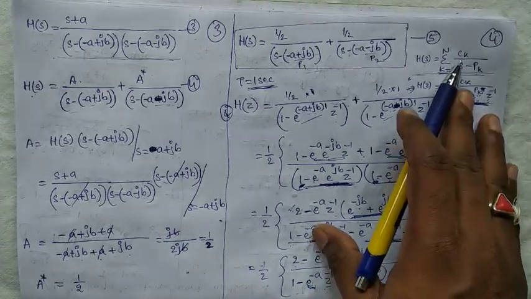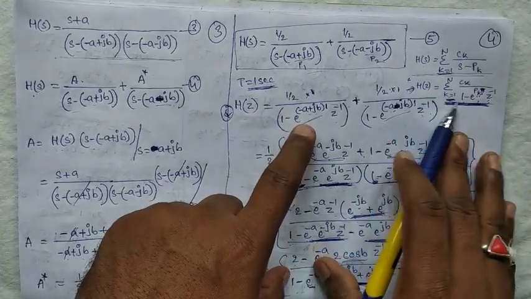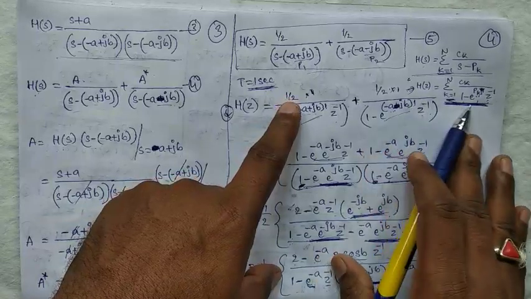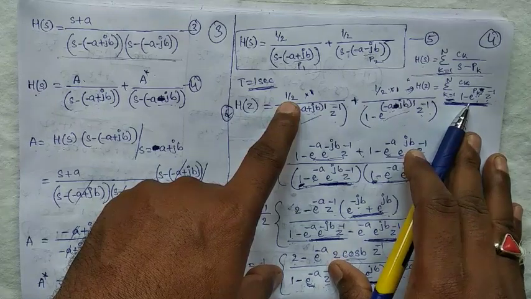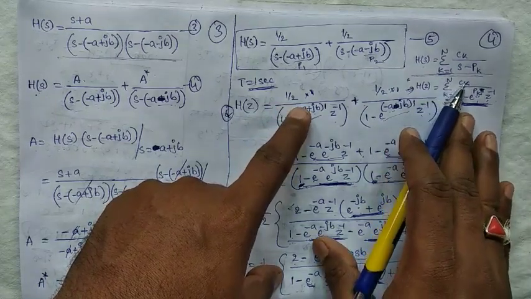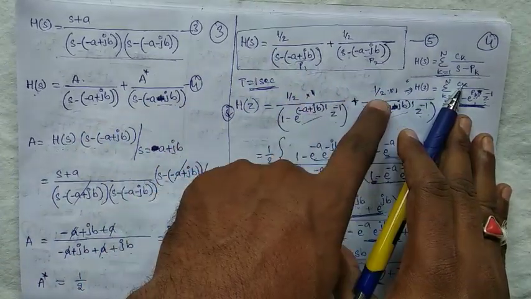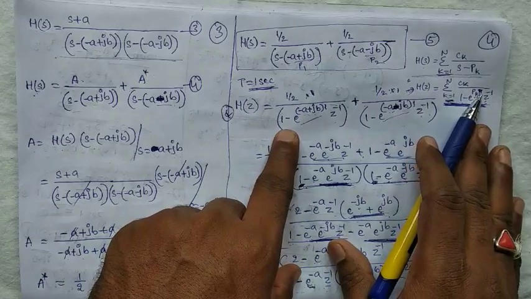We are comparing this equation; ck is the same. H of z can also be expressed in terms of single pole filters, A and A conjugate, by 1 minus e power pk into T.